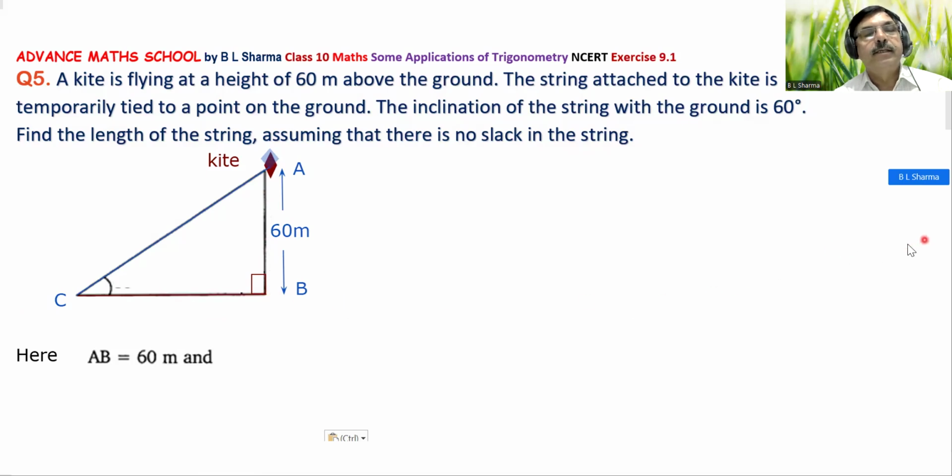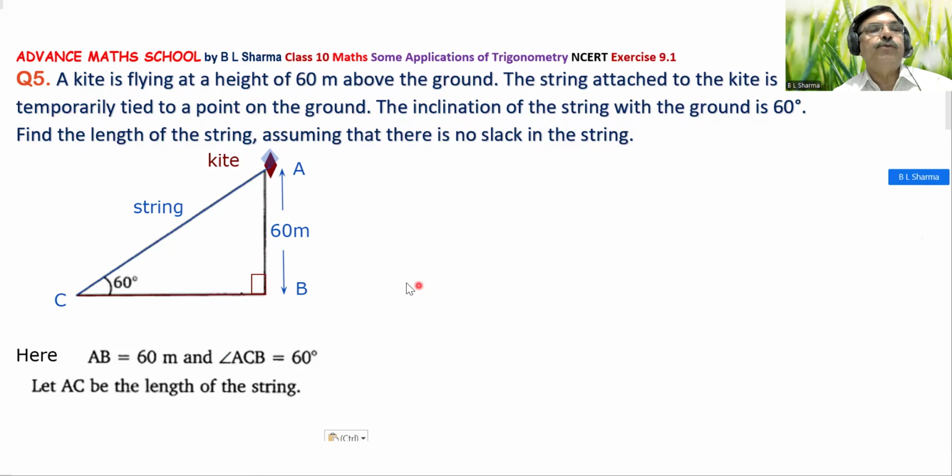And the angle of inclination, that is 60 degree, means angle ACB is 60 degree. This is string. We have to find out this AC, length of string. In the right angle triangle, one acute angle is given and one side is given. Using trigonometric ratios, we can find out the length of the other two sides.